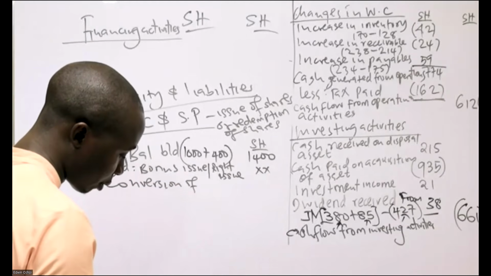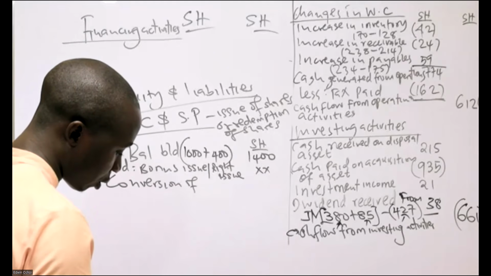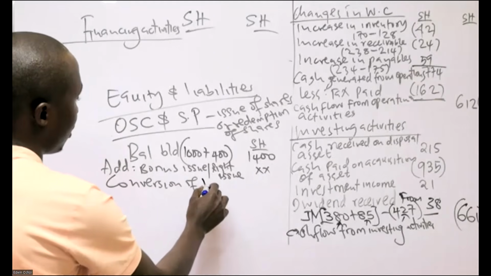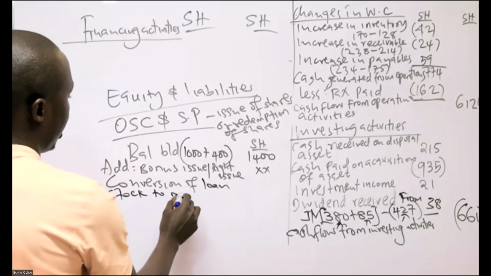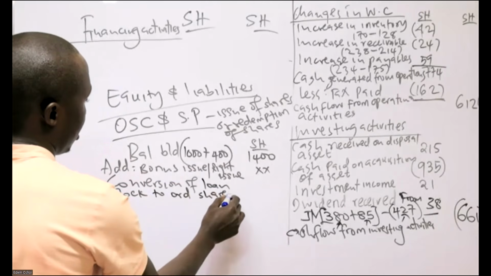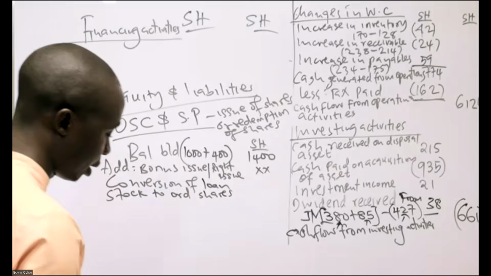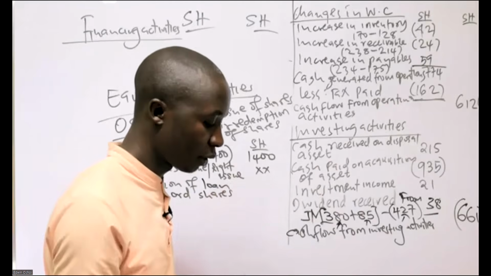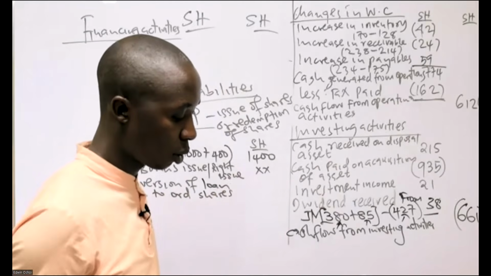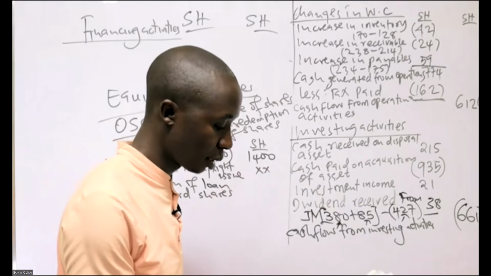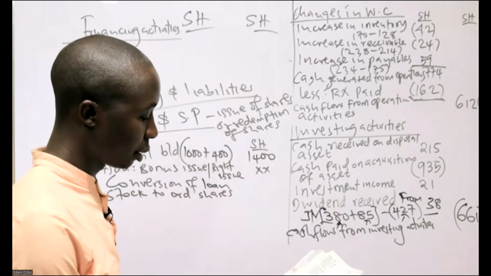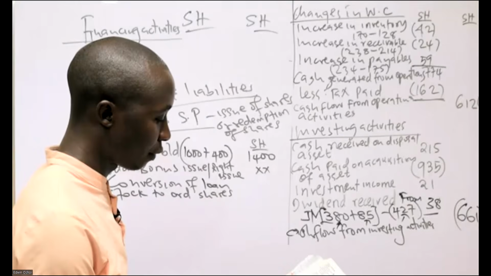Conversion of loan stock to ordinary shares. How did they do this? So they said in note 2, the 10% convertible loan stock was convertible at any time at the holder's option into 20 ordinary shares of shillings 10 each for every 200 of the loan stock.